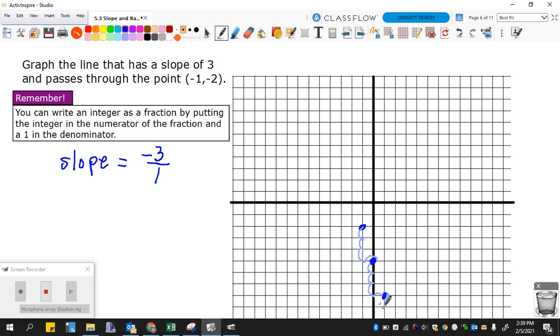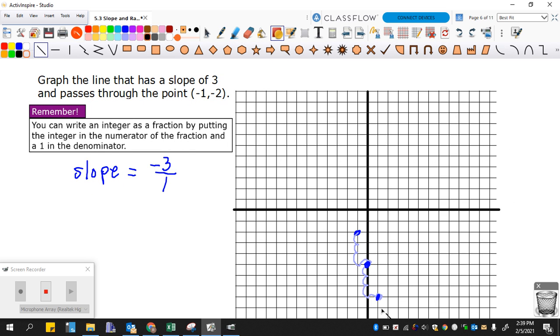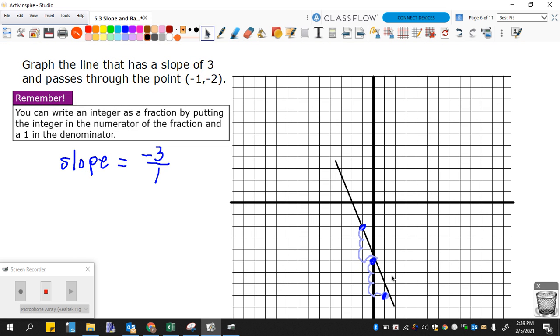Okay, and let me see if I can freehand draw this. Nope. Let me get just a straight line here. Okay, and that takes us all the way up through there, and there we go. So that's that line there.